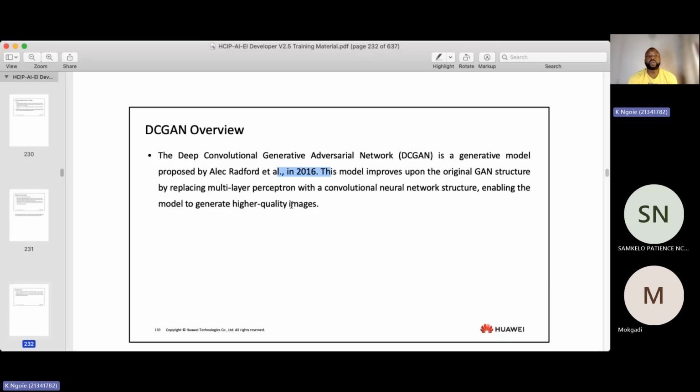So they were unstable and produced low quality output. But the DCGAN introduced convolutional and transpose convolutional layers, leading to better image quality, more stable training, and strong automatic feature learning.